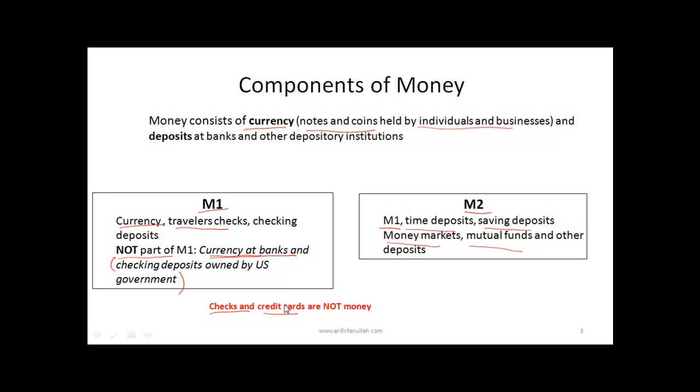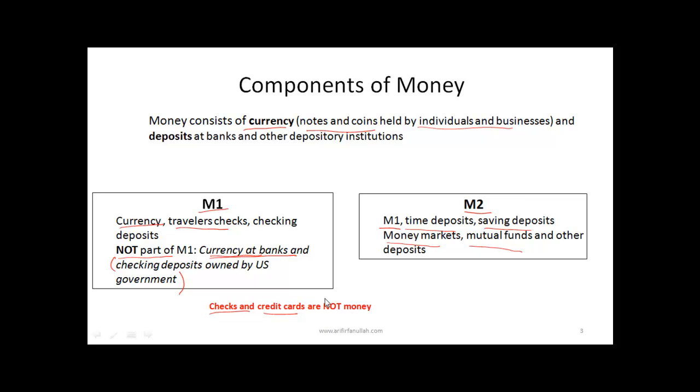Okay, here is another critical point from an exam perspective: a check. So you write me a check and I put that in my drawer over here. Is that considered money? The answer is it's not considered money. Why? Because if you've just written a check to me and it's sitting in my drawer, does your deposit change? Your deposit account has not changed.